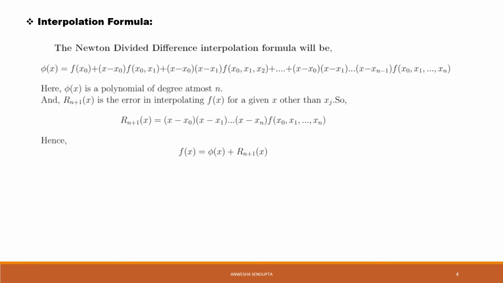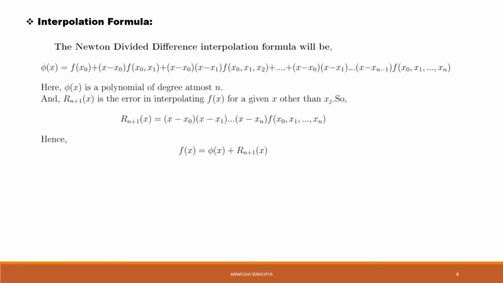Now the formula will be phi(x) equal to f(x0) plus (x minus x0) into f[x0, x1] and so on, plus (x minus x0)(x minus x1) up to (x minus x_{n-1}) into f[x0, x1, up to xn]. So phi(x) is a polynomial of degree at most n.